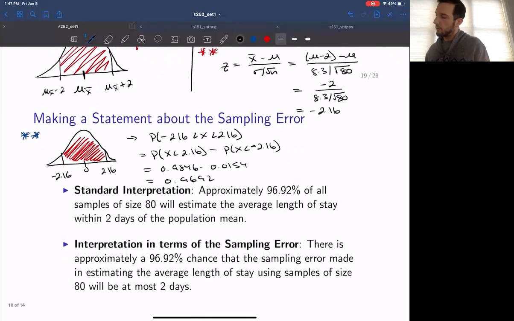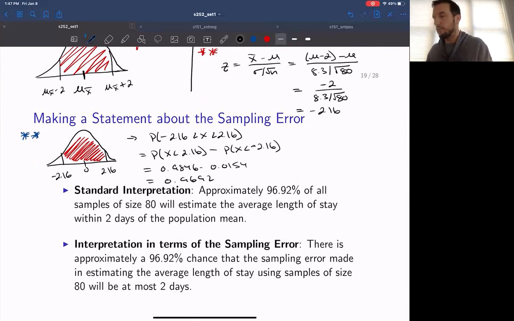Now we can also write that there is approximately a 96.92% chance that the sampling error made in estimating the average length of stay using samples of size 80 will be at most 2 days. So these two interpretations given on slide 20 are talking about the same value, from the same result, but it's two different ways of expressing the same idea.